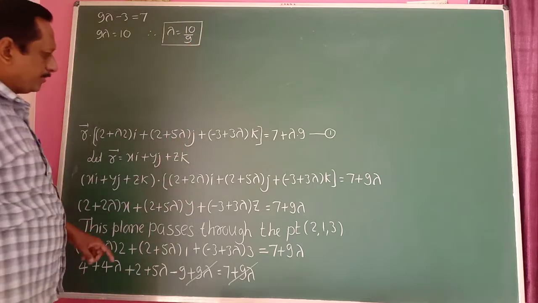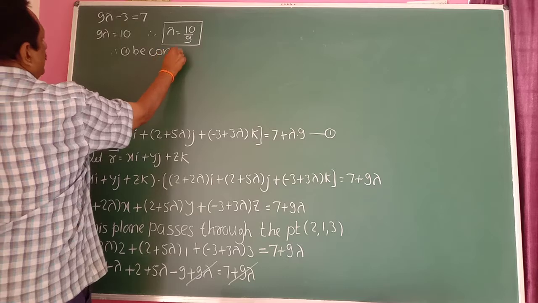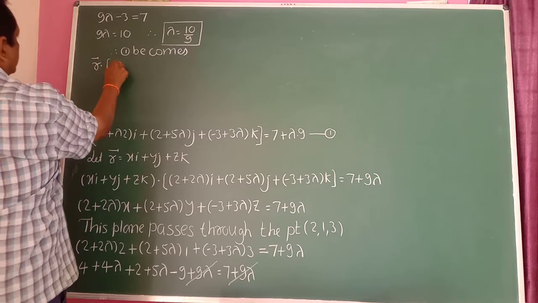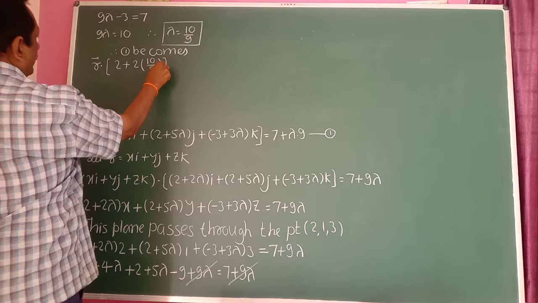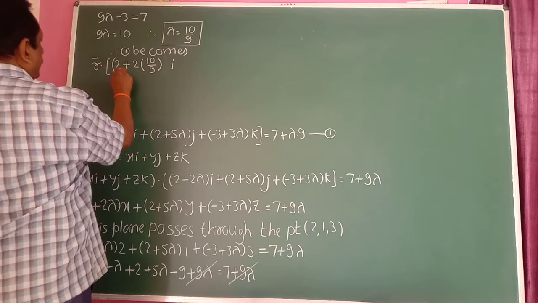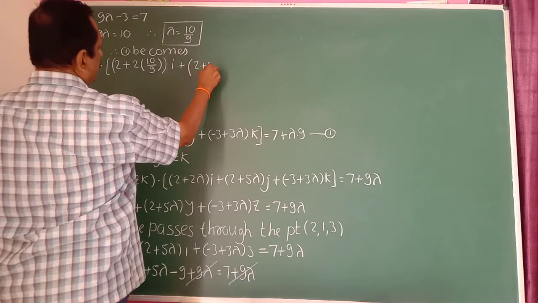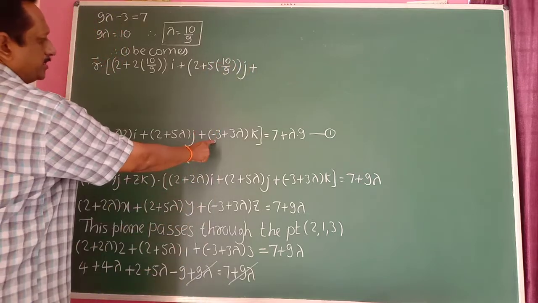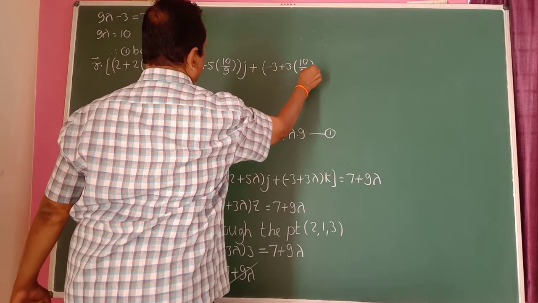So use this lambda in equation 1 here. Equation 1 becomes, so substitute here: R1 dot of 2 plus 2 into lambda, 2 into 10 divided by 9, then into I. Write in a bracket here like this, then plus again into bracket 2 plus 5 lambda, 2 plus 5 into 10 divided by 9 into z, plus minus 3 plus 3 lambda, minus 3 plus 3 into 10 divided by 9 into k.